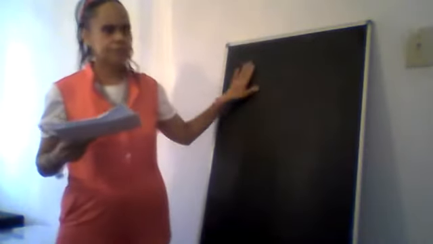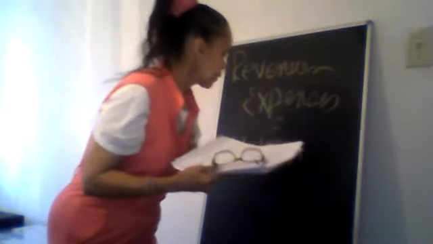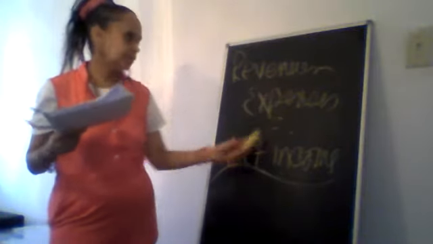All that is service revenue. You add all your revenues up, minus your expenses, and that will give you your net income. Revenue minus expenses will give me my net income.